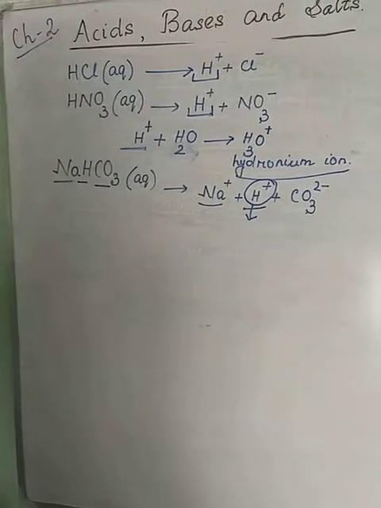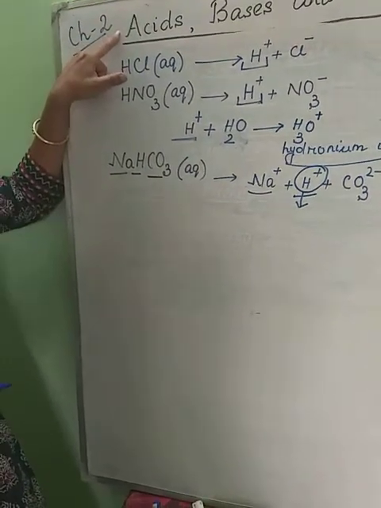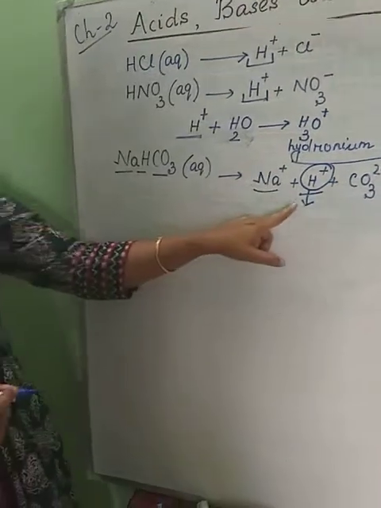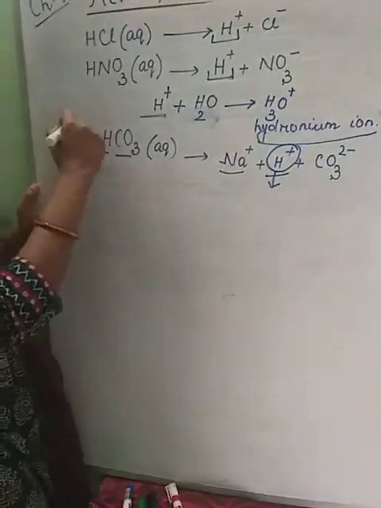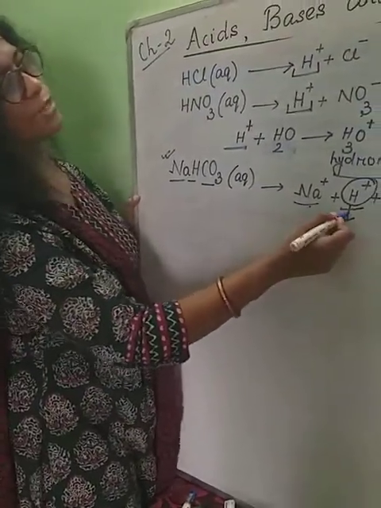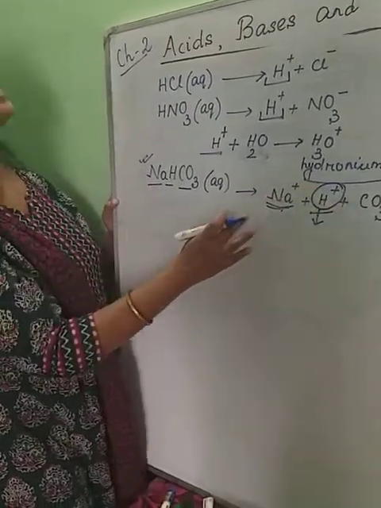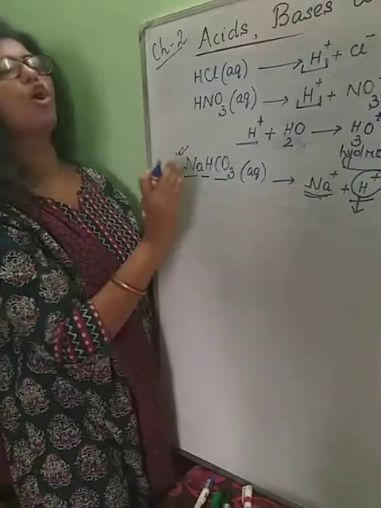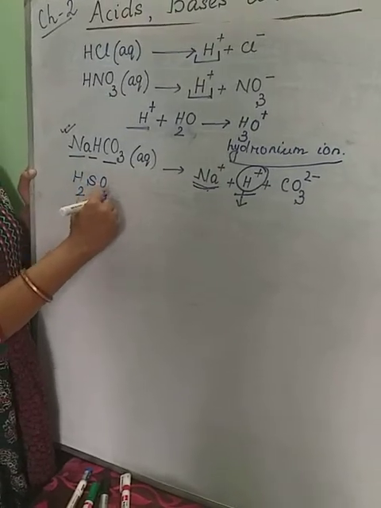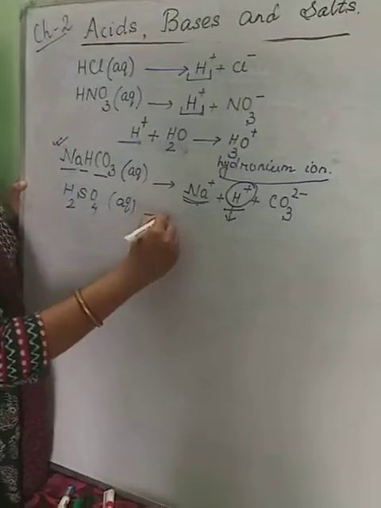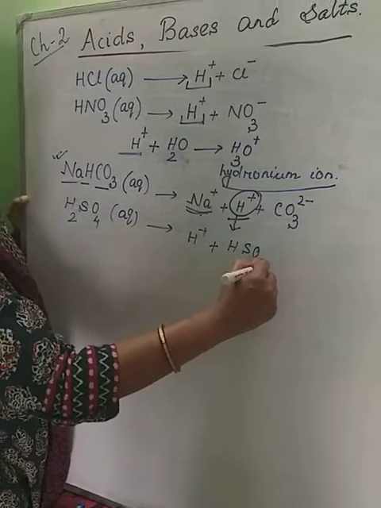So I said in the definition of acid that these are the substances which can release hydronium ion as the only positive ion. Since this compound releases one more positive ion other than hydrogen ion, this is not an example of acid. If we take the example sulfuric acid, first it dissociates to H plus and HSO4 minus.